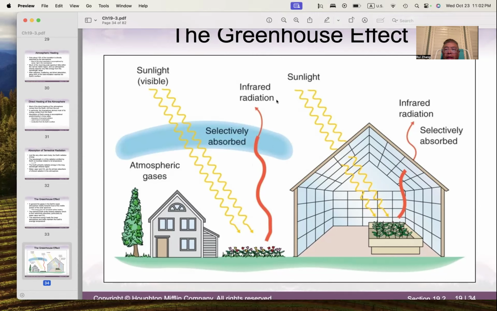It's infrared radiation, so a lot of these are actually being absorbed. This effect keeps the surface of the Earth warm, just like in a greenhouse, it's normally warmer than outside, because a lot of the radiation coming in cannot get out.